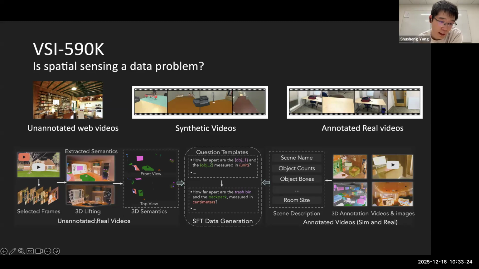For the unannotated videos, we convert them to frames and then use some off-the-shelf models like Grounding DINO or VGGT to generate some pseudo annotations. And for these annotated synthetic or real-world videos, we extract their meta-information like object counts, object boxes, or room size. Then all this information is fed into the data generation pipeline and converted to question answering pairs.